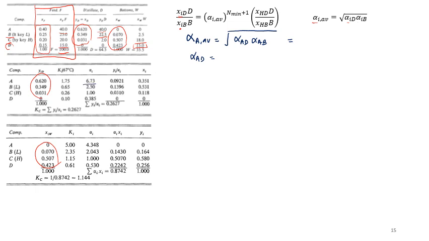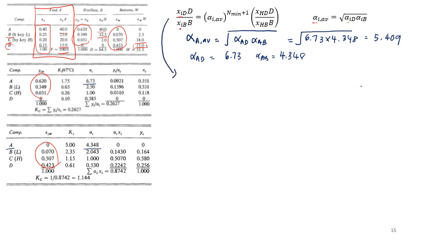Alpha A is 6.73, and alpha A at the bottom is 4.348. The average would be the geometric mean of these two values, which equals 5.409.